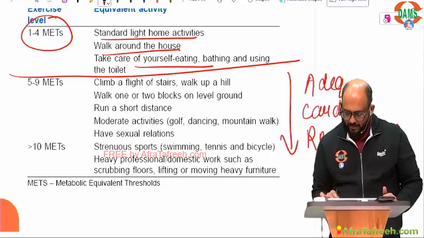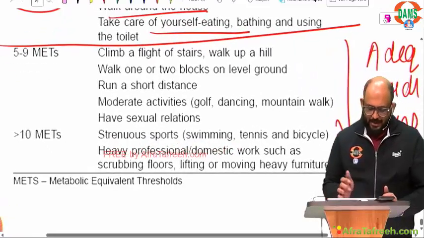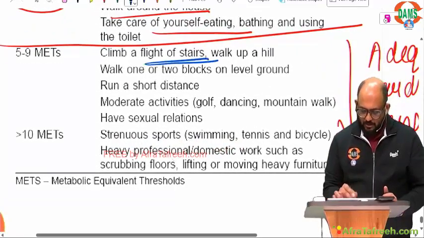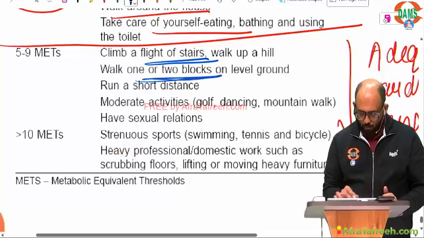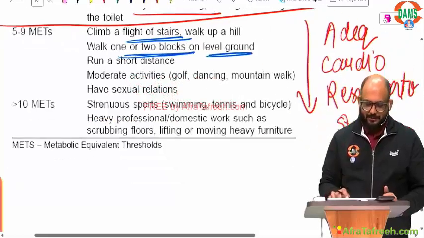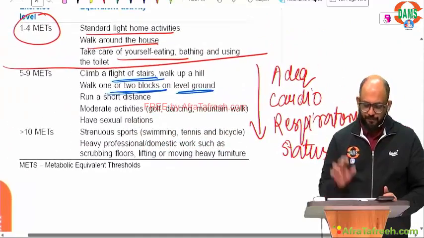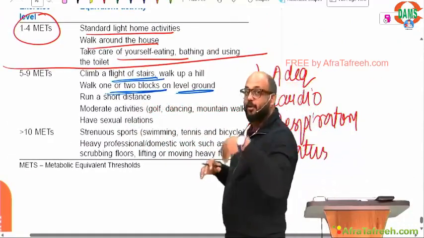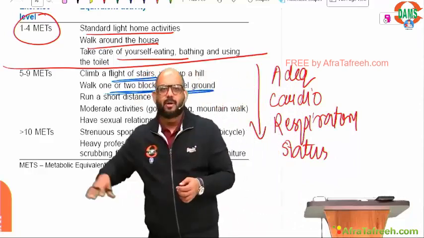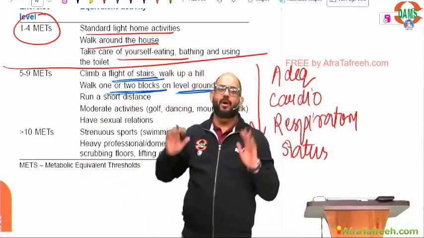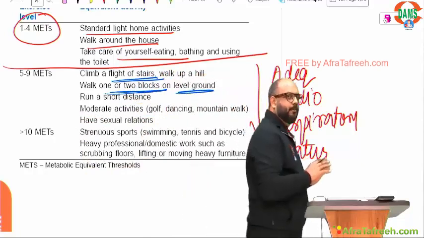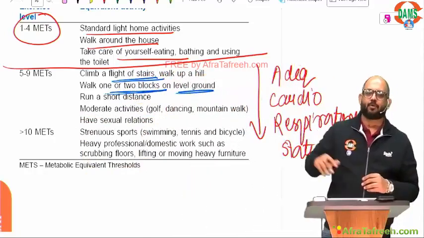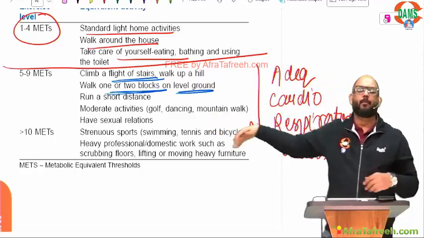So if a person can climb 1 flight of stairs or walk 1 or 2 blocks on level ground, that is enough for you to consider him fit for a non-cardiac surgery from the cardiac point of view. Okay? So remember, more than 4 is what you have to 100% remember. 1 to 4 is inadequate, more than 4 is adequate.